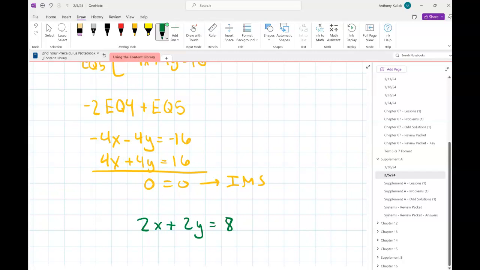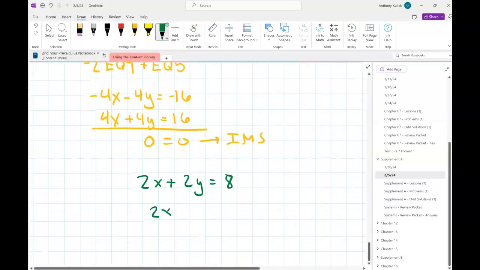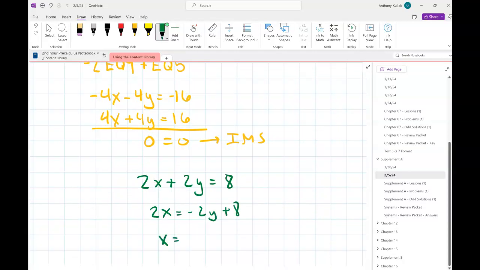Everybody's okay with that? Doesn't matter which one. Let's, for the sake of argument, get the x by itself. So I'll subtract 2y over, and then divide by 2. Everybody's okay with that?